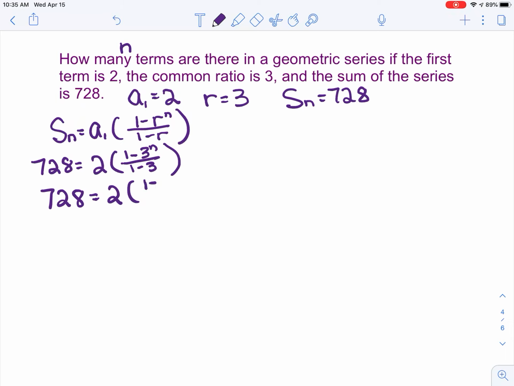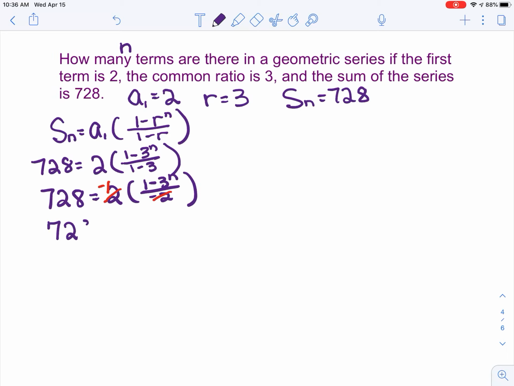Okay, so now 728 equals 2 times 1 minus 3 to the n, because I can't put those together. It has an exponent, over negative 2. Well, what you should notice right here is that 2 divided by negative 2 will make it a negative 1.